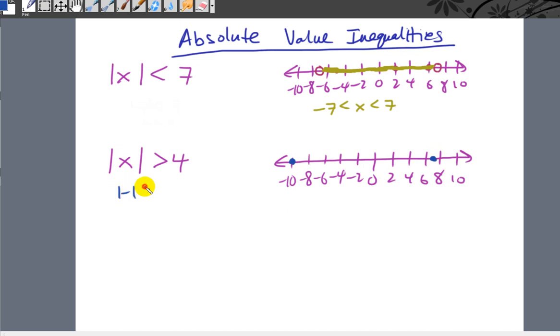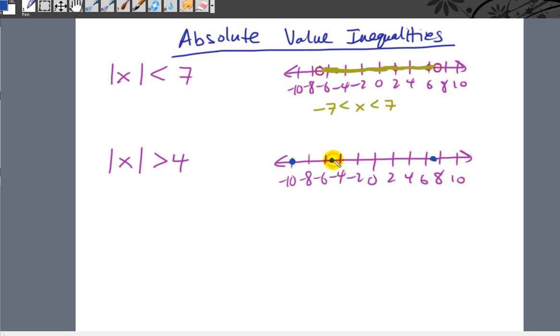The absolute value of -1 is 1. 1 is not greater than 4, so that's not going to be put there. Let's try one more just for fun. The absolute value of -5 is going to be 5. This is going to be true. So that means -5 should work.